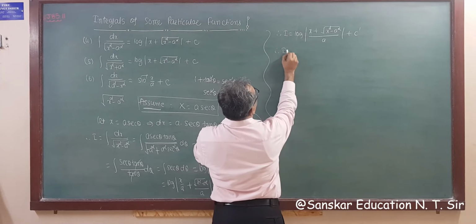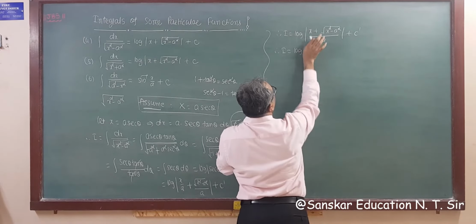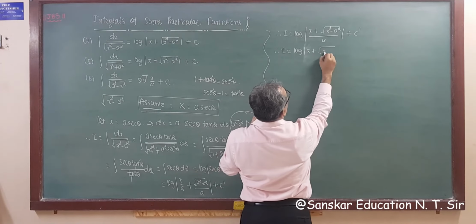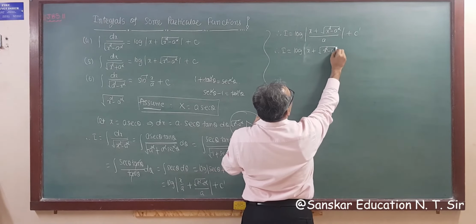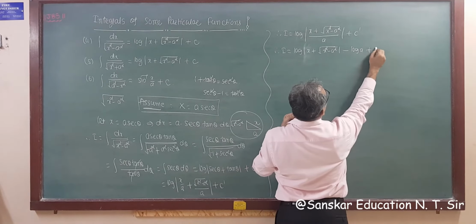So I is equal to log of x plus under root x square minus a square, minus log a, plus c dash.